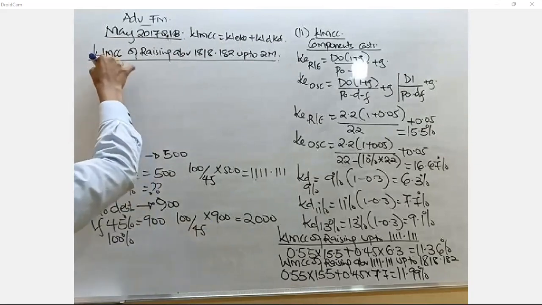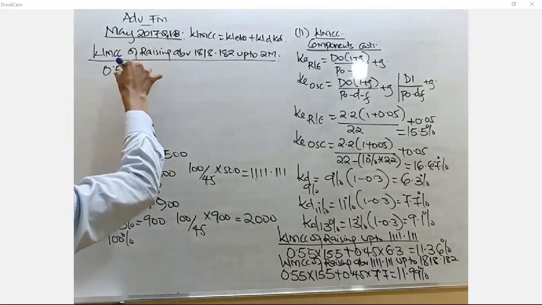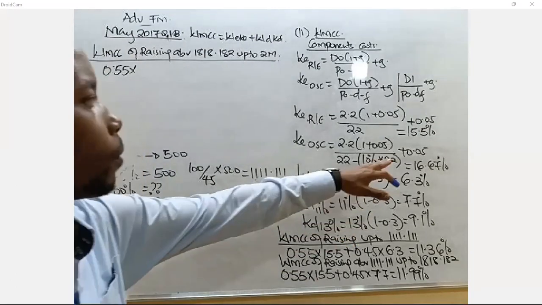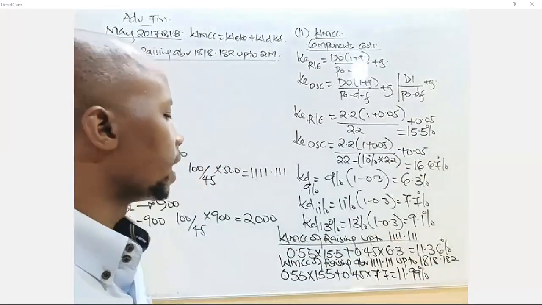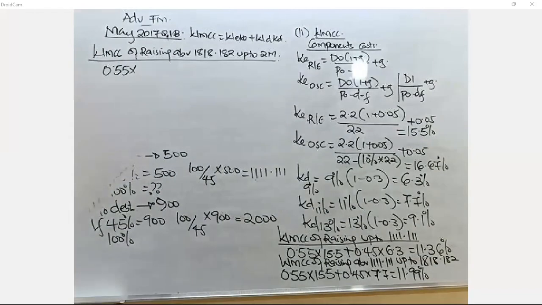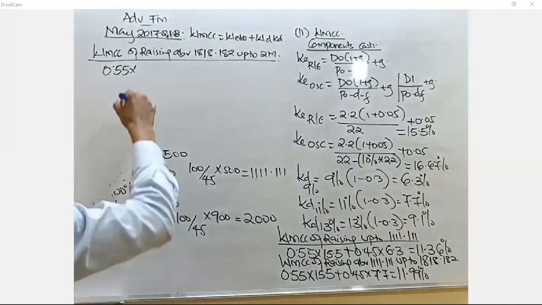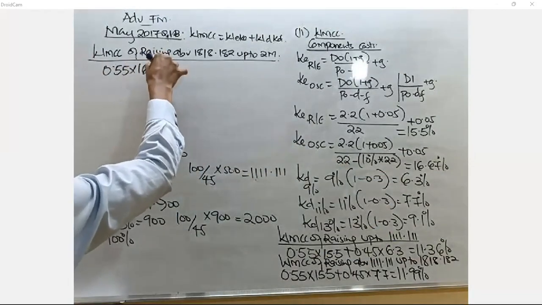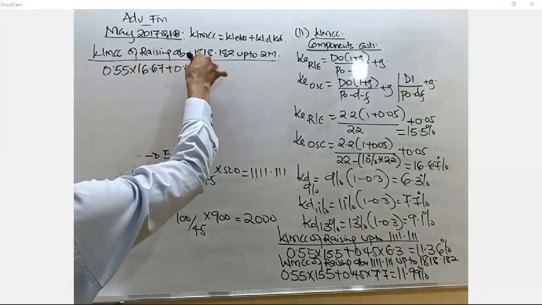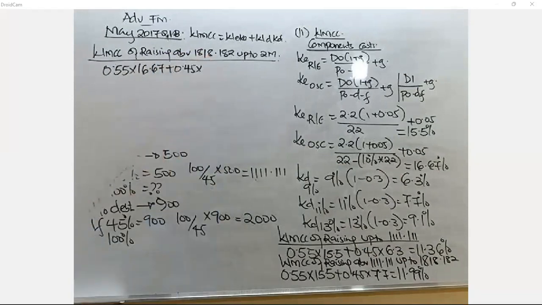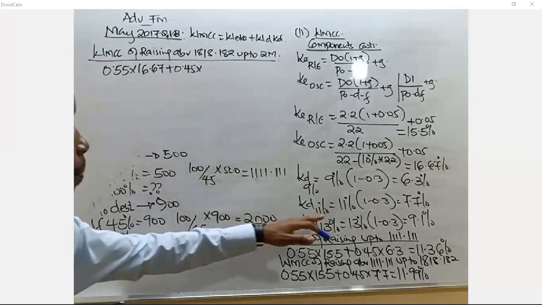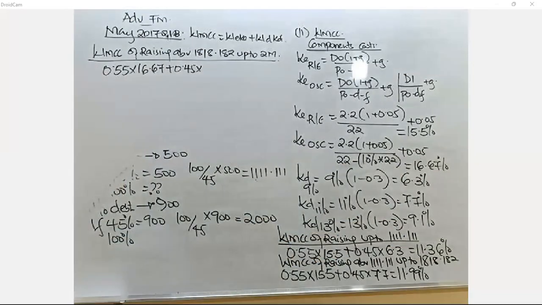The weight of equity is 0.55, but now we cannot use 15.5 because it has reached its limit. The maximum limit is 1.82. So above it, we use the expensive source, which is 16.67, plus 0.45 times 7.7, which is raising 2 million, the cost of debt for 11%.